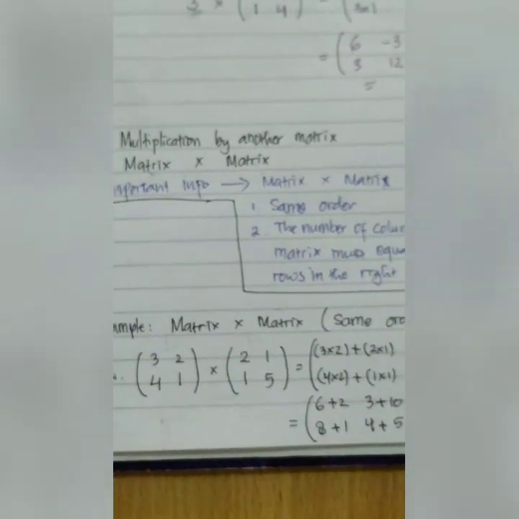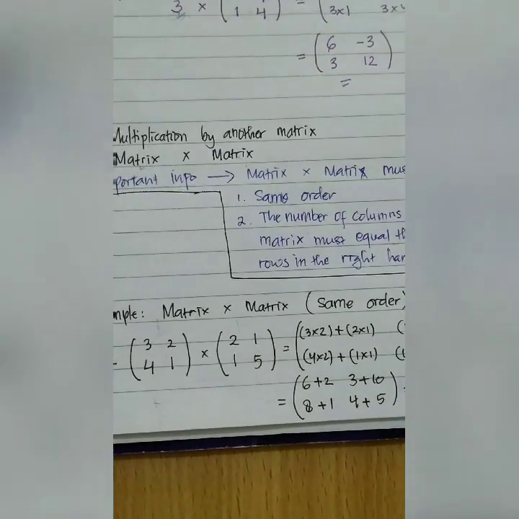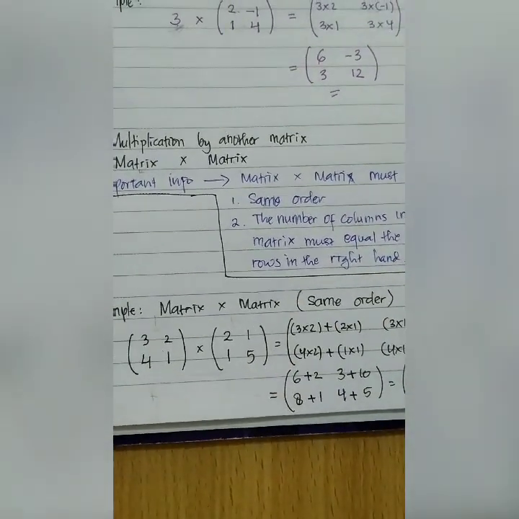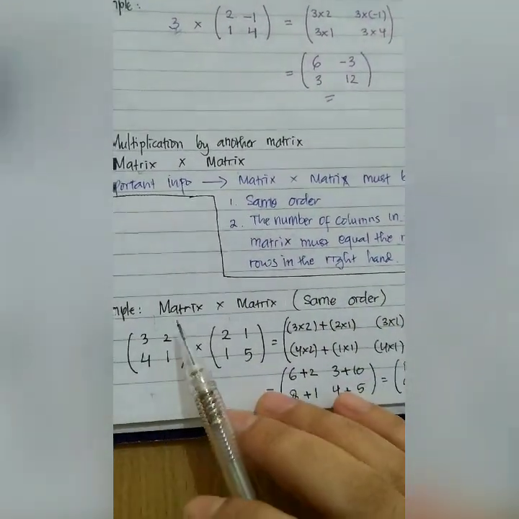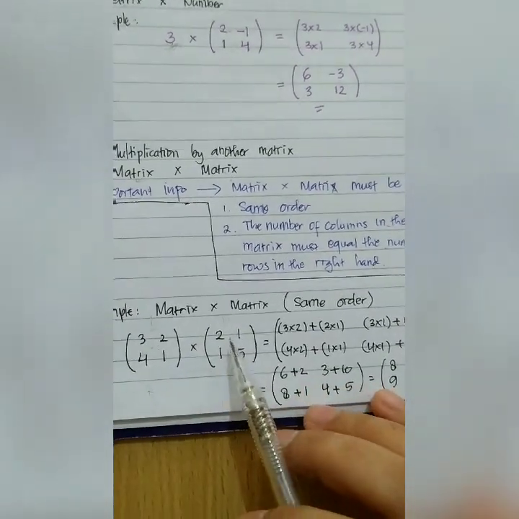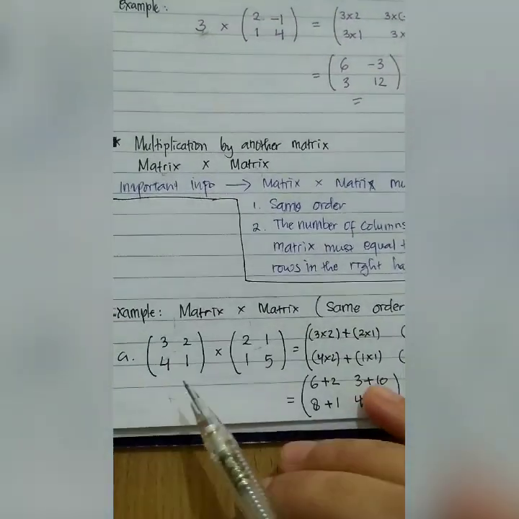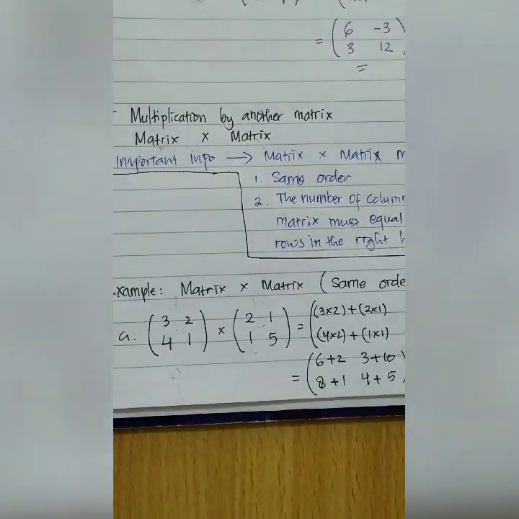Now talking about the example, how to multiply the matrices: first, we have to make sure the number of columns on this side is the same as the number of rows on this side. By this we prove that this can be multiplied.